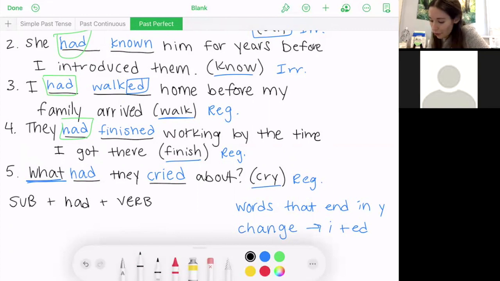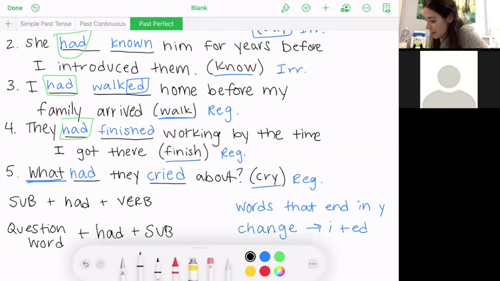But in question forms, we'll have our question word plus the word had, then we'll introduce our subject, and then we'll have our verb. Okay, so that's our structure for question words.